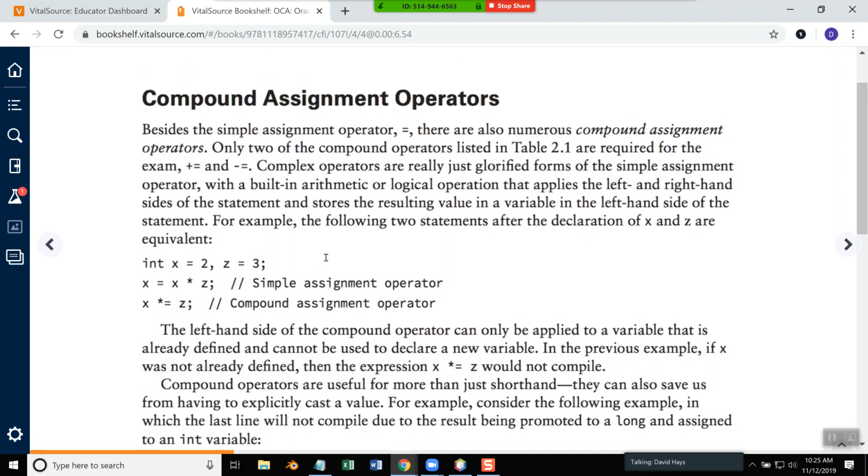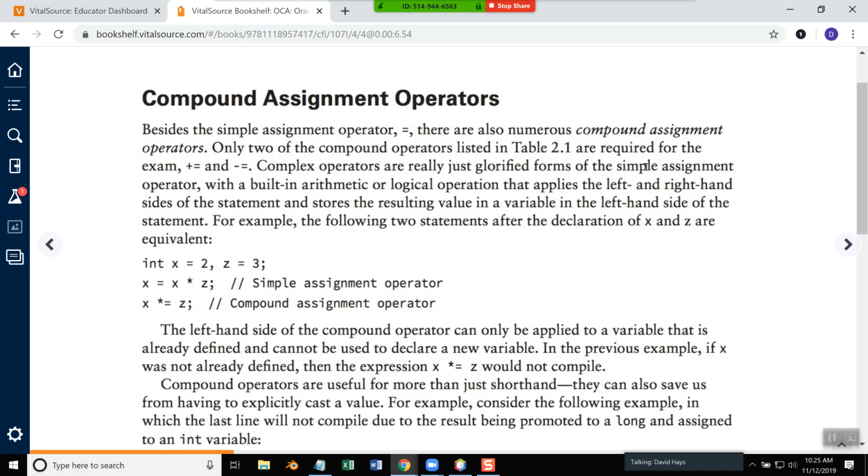Compound assignment operators. Only two of the compound operators listed are required for the exam, plus equals and minus equals. I don't really like those, but they're there. That's equivalent to x equals x plus 1. You can do x plus equals 1. And that's a shortened version of that.